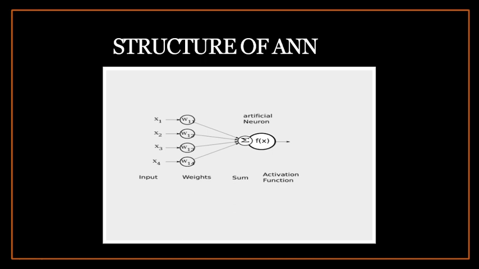Now let us discuss the activation function in neural networks. What is the use of the activation function? In artificial neural networks, the activation function of a node defines the output of that node given an input or a set of inputs.